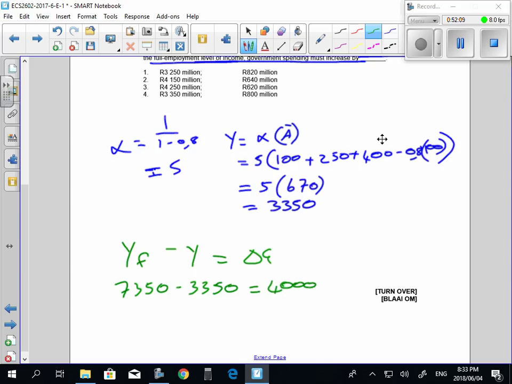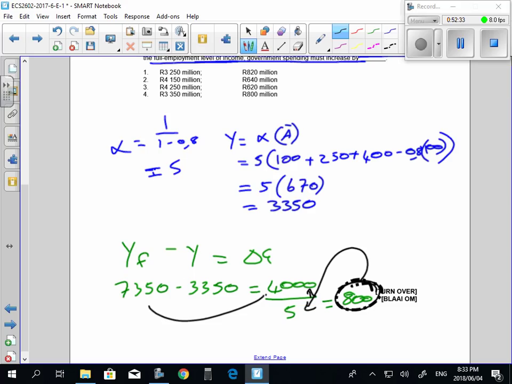So what we need to do is divide that by the multiplier, and we get an answer of 800. So now government expenditure changes by 800, okay? And after they've increased their expenditure by 800, the multiplier takes over, and the final impact on our economy is the 4,000 which we need to reach the full employment level of output and income.